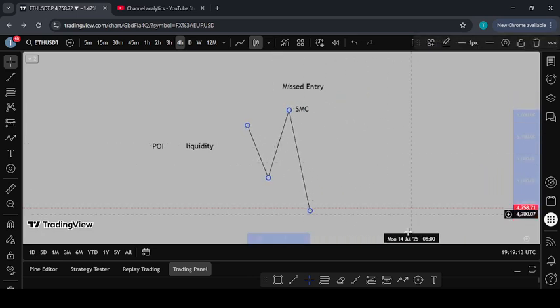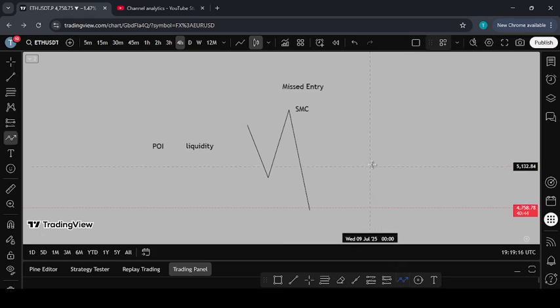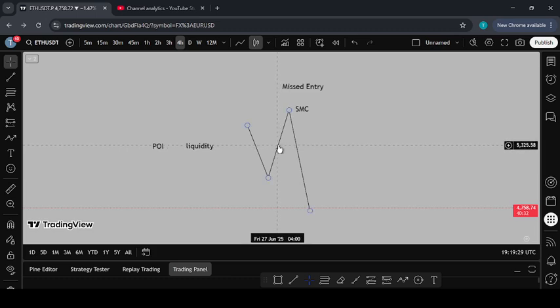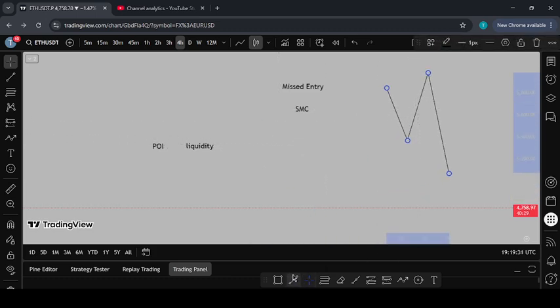Same thing in this scenario. This block broke structure, then all of a sudden, let me put it the other way. Let me put this break of structure very clear here, so you guys understand.